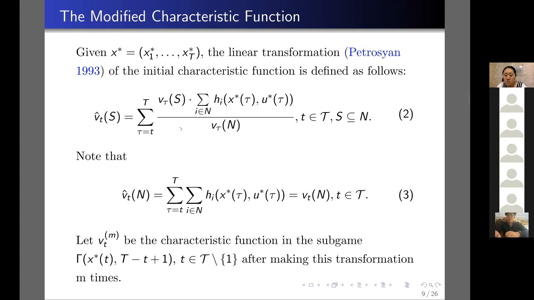If the intersection is not empty, we take it as a new solution. So it doesn't matter that the worth is different from the initial worth of coalition S. The important thing is that the intersection of these two cores is not empty. Okay, thank you.